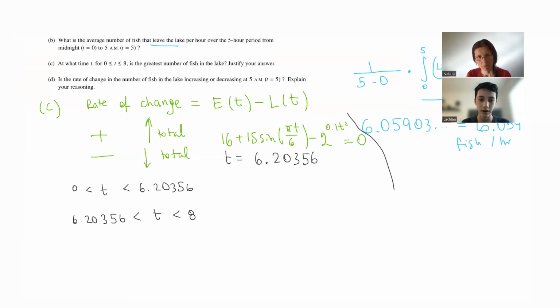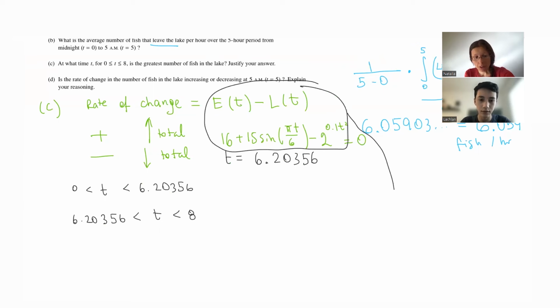So right now we can look between 0 and this point t equals 6.20356. And we can test a random point in this area. So if we test t equals 1, insert that into E of t minus L of t, then we can evaluate that. We get a positive answer.